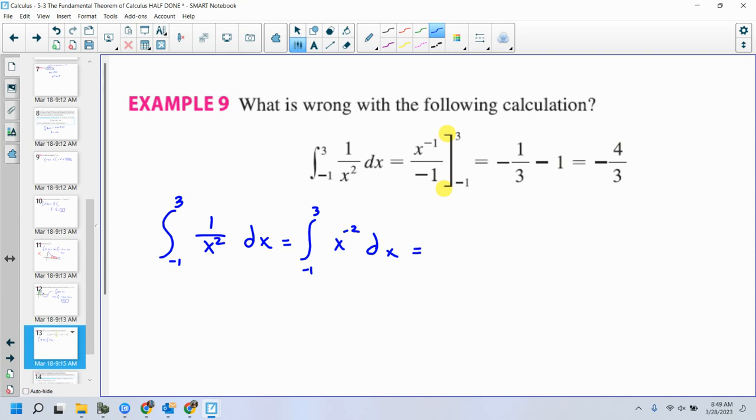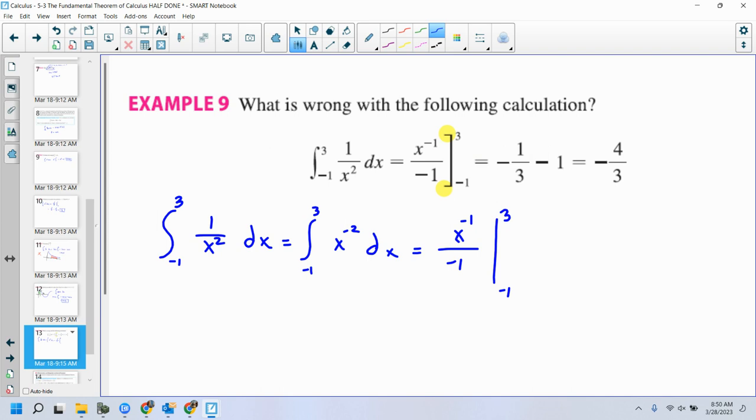What's the antiderivative of x to the -2nd? Bump up the power. -2 goes to -1, and then we divide by -1. So x to the -1st over -1 from -1 to 3. Are we good with our calculation so far, looking back up at the top?